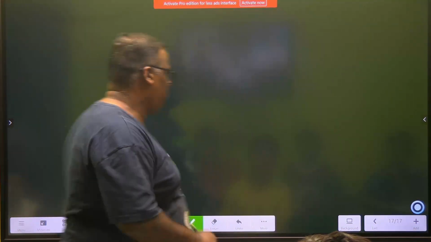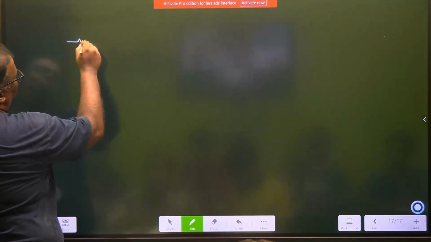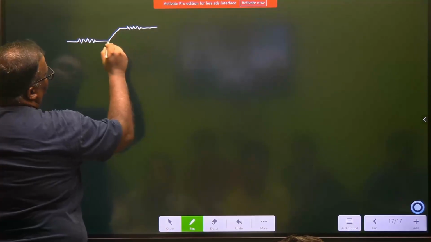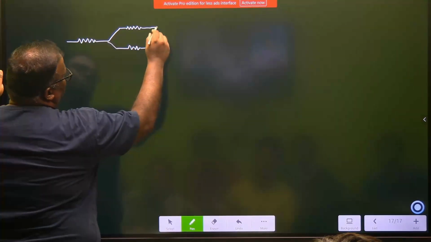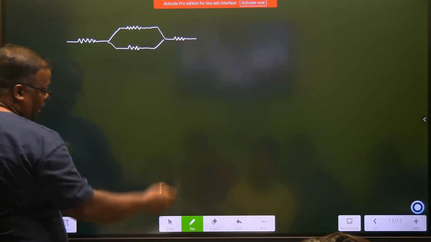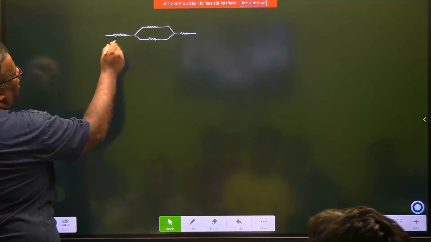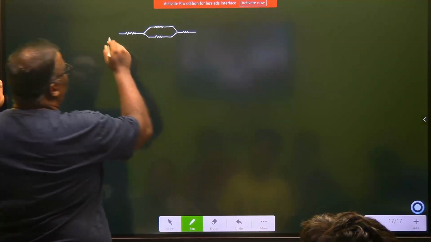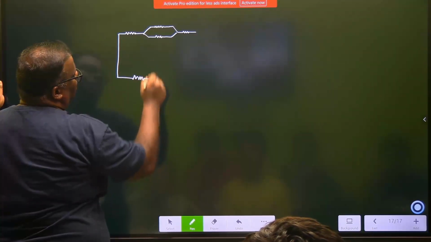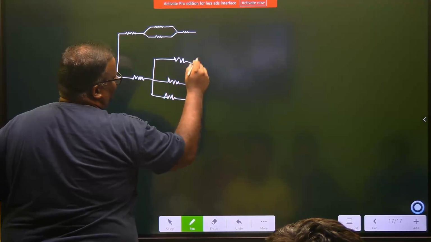Just to make your life a little bit more miserable before you go. You are thinking life is always like this. No, life may be like this also. Life may be so miserable that this particular thing may actually be part of another one like this.